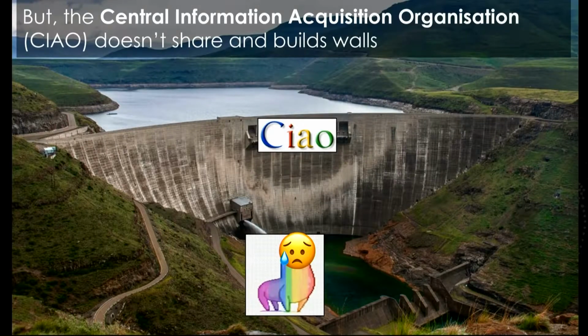Let's say our Dalai Lama has this nice pool, this ocean of data services, and suddenly he goes there and sees, oh, everything is dried up. Well, so he tries to track the source of that plenty of water and ocean, and he finds that there is a central information acquisition organization, let's simply call it a CHOW, and it built a wall, a silo of data.